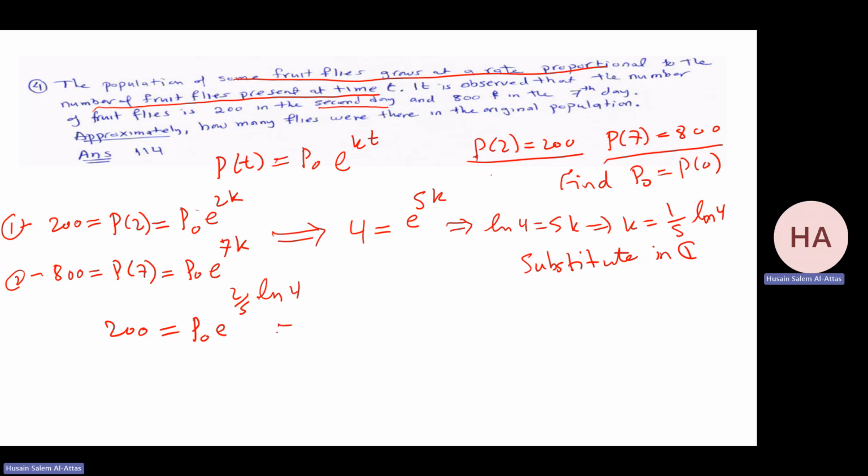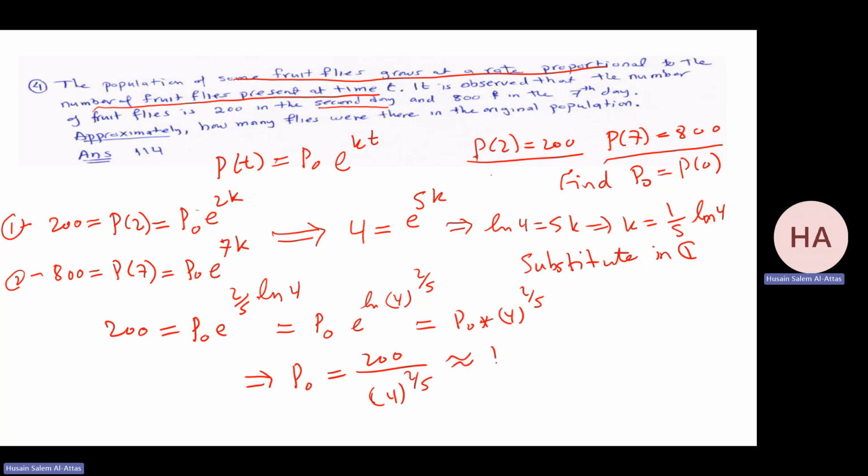And this is equal to P0 e^(ln 4 to the power 2 over 5), and that gives me P0 times 4 to the power 2 over 5. So my P0 will be 200 over this number, 4 to the power 2 over 5. If we do the calculator, that will be 115.